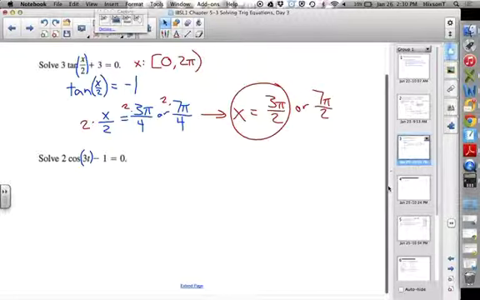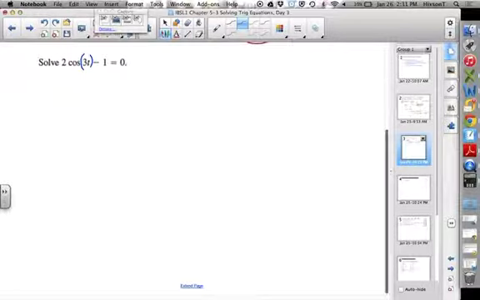How's it coming? Alright, so what does cosine of 3t equal? Well, cosine of 3t would be a half, right?